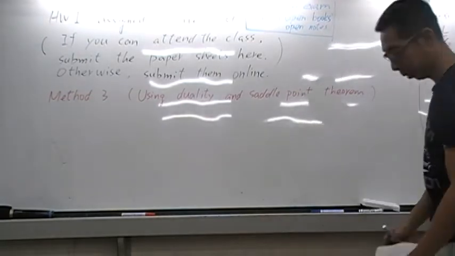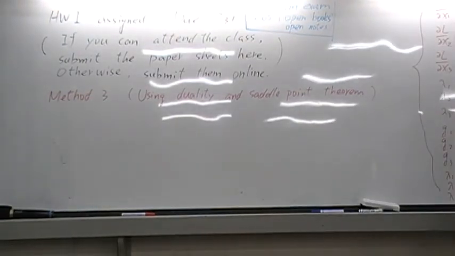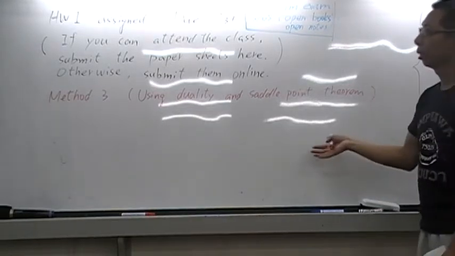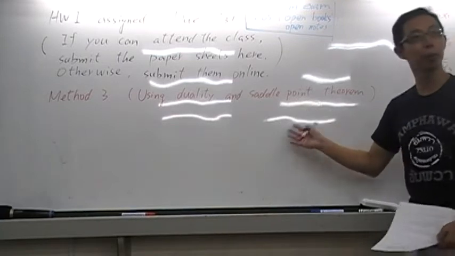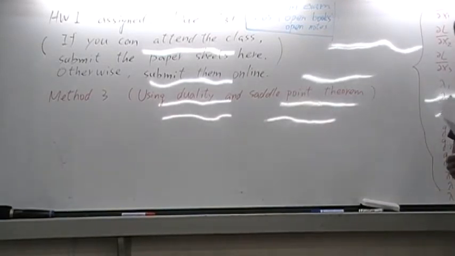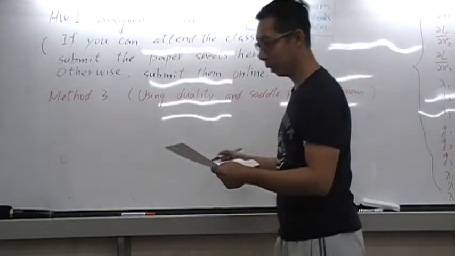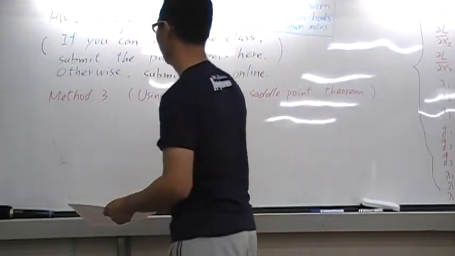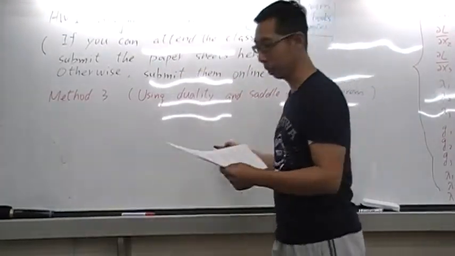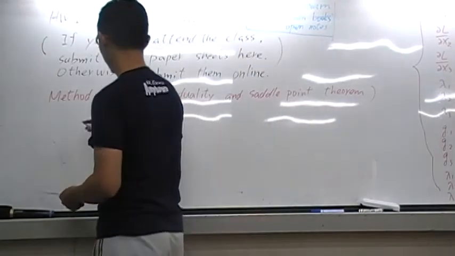But before introducing the method for solving the problem, let's quickly review what we mean by a saddle point. I think last time we talked a little bit about the saddle point, but today, let me give you guys this mathematical definition. So, a saddle point.